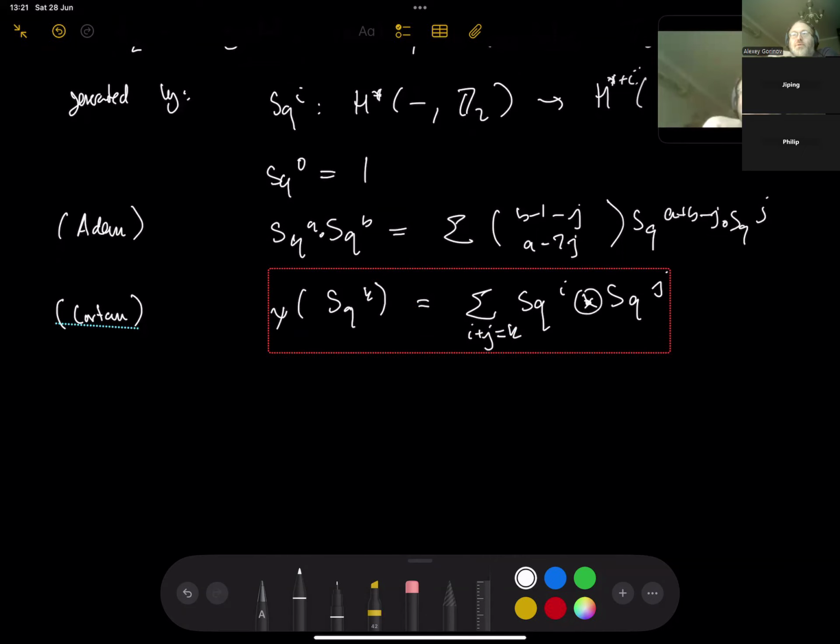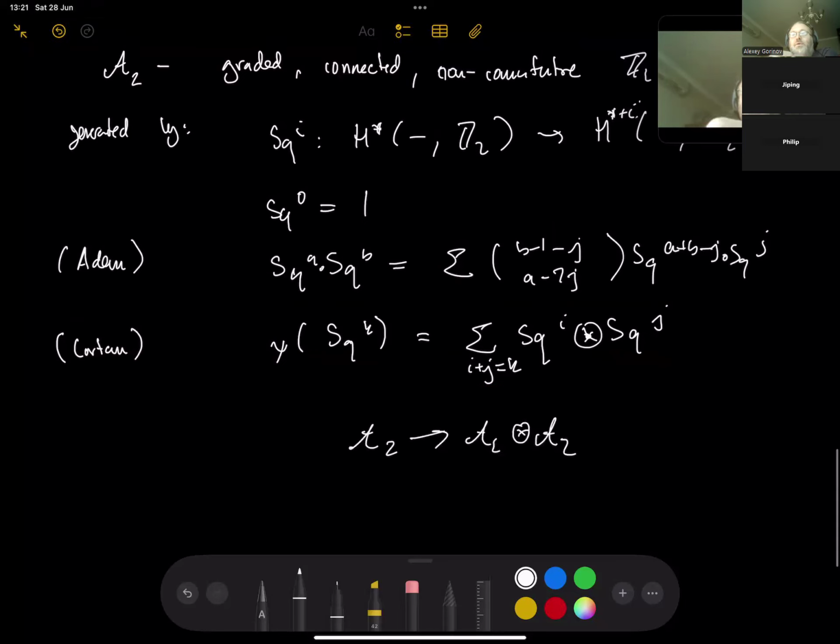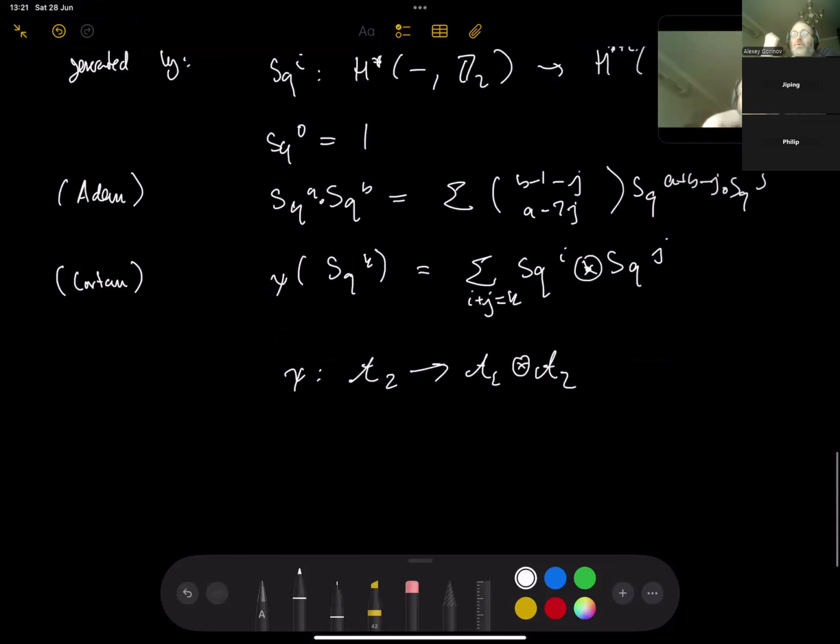Okay, and what is the letter on the left? Psi is just the co-multiplication map, so it's from A2 to A2 tensor A2. So we have not only a product but also a co-product. Yeah, so it's a Hopf algebra. Well, it doesn't quite follow that it's a Hopf algebra, but let's assume it is.